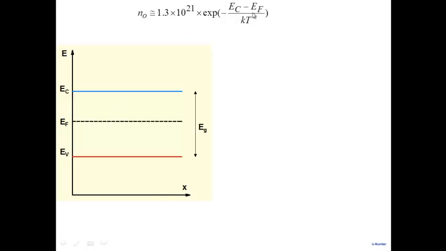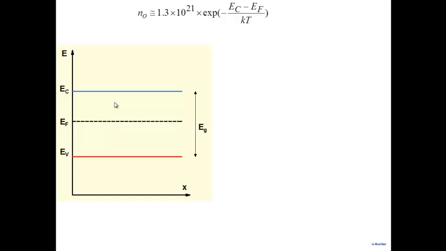What about the definition of Fermi energy? Fermi energy, by definition, is the place where the probability of occupation is 0.5, and this is the forbidden gap. Is there a contradiction?